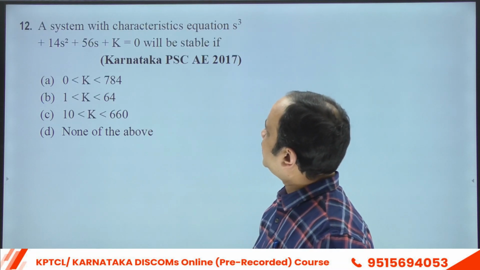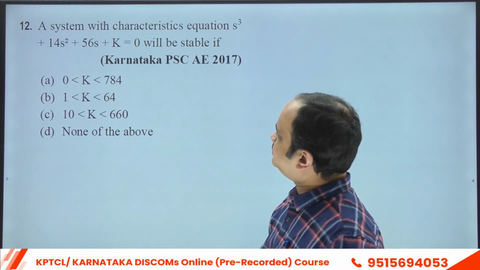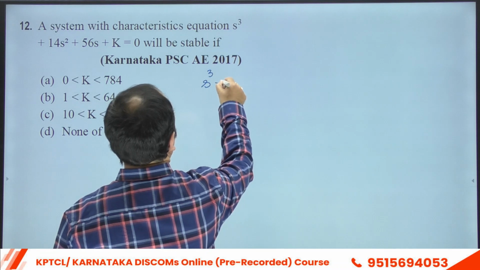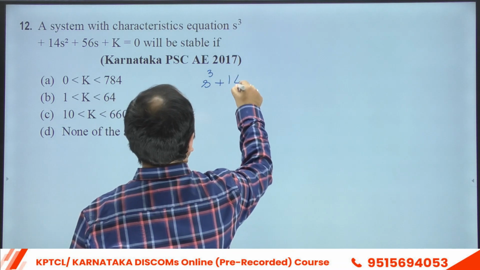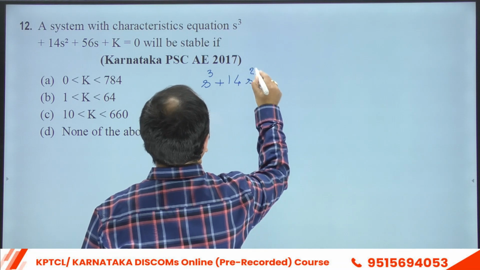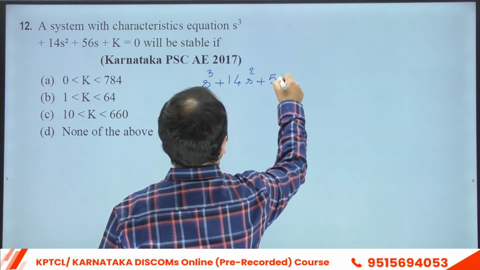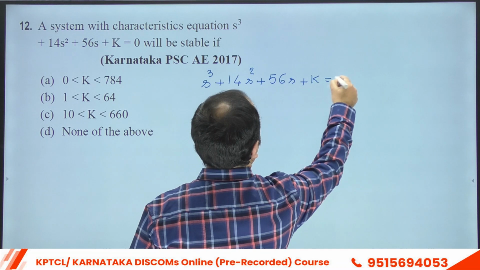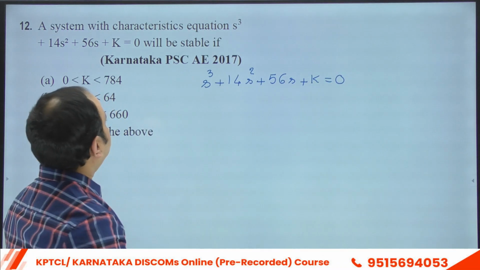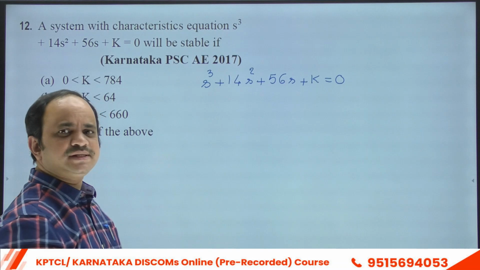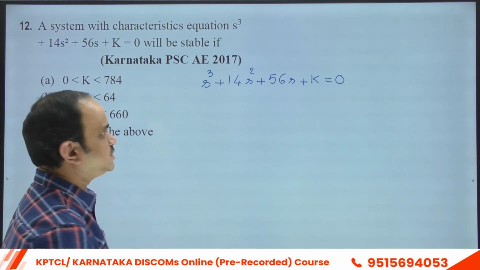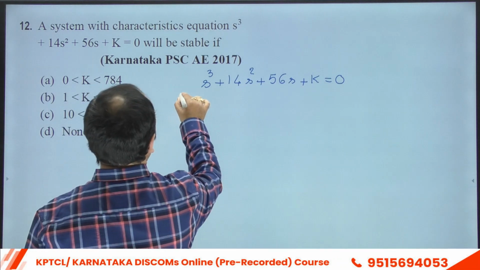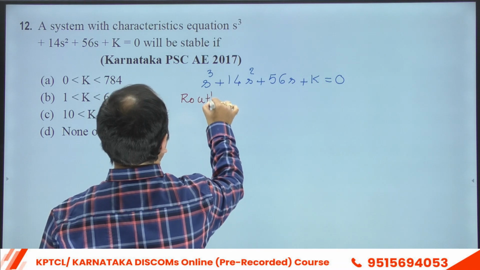Now, a system with the characteristic equation, let me write it down once: S cube plus 14s square plus 56s plus k is equal to 0. Now we need to find the condition for this system to be stable. For that, let us write down Routh's table.